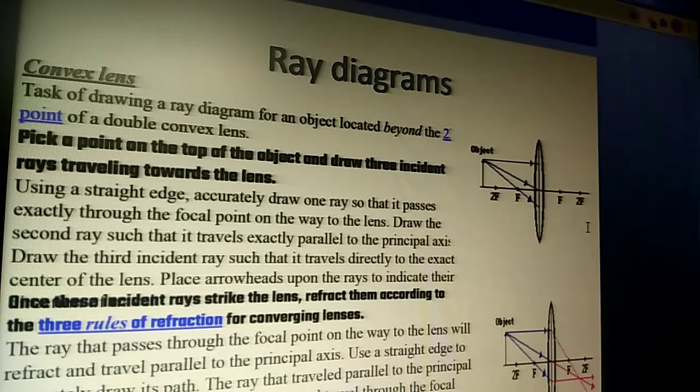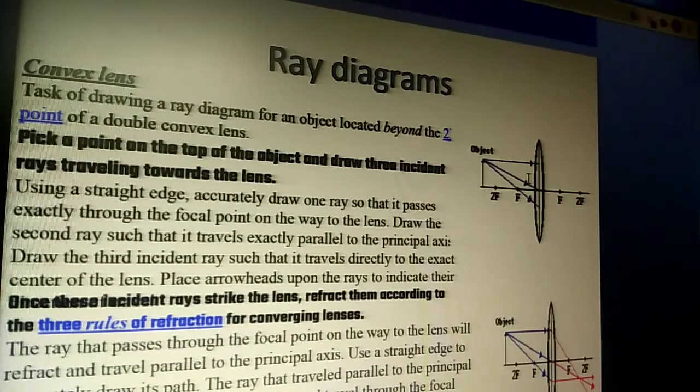The ray through the optic center retraces, the ray parallel to the principal axis goes through the focal point, and the ray passing through the focal point should go parallel to the principal axis. Where the intersection point comes, there the image will be formed.